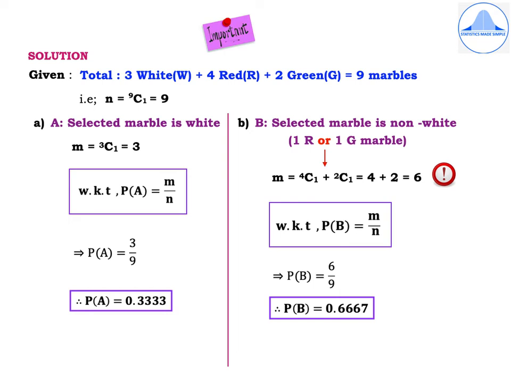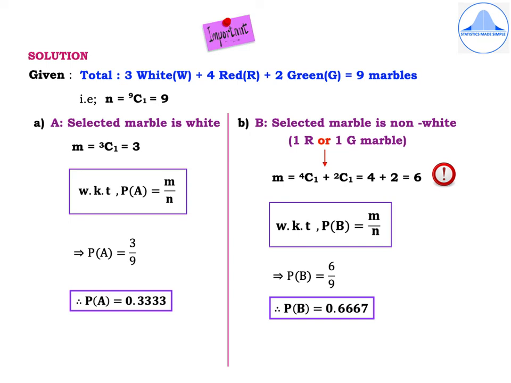Similarly, the second subdivision, define event B as selected marble is non-white. Now what do you mean by non-white? There are other 2 colors which are red and green. So selected marble is non-white means you have to choose either one red or you have to choose one green marble. So please be very careful with the word, it is or.